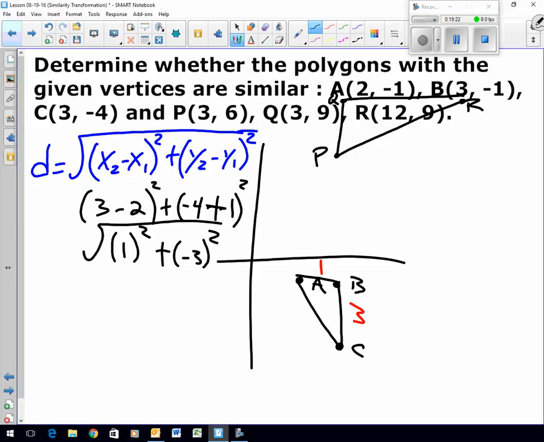Mr. Hobbs, what's -3 squared? -3 times -3 is 9. 1 times 1, that's 1, guys. Okay? Square root of 10, whatever that is, is the distance from A to C.